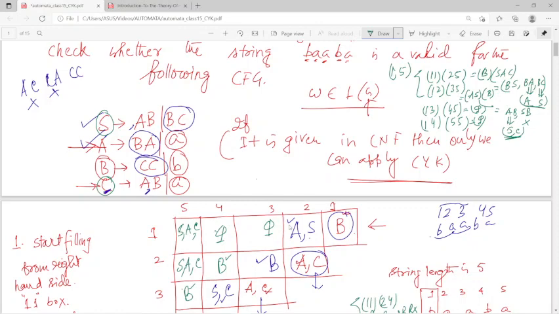Okay, so the thing is that now if the first cell contains S, then we can say that the whole string can be generated from S, right?